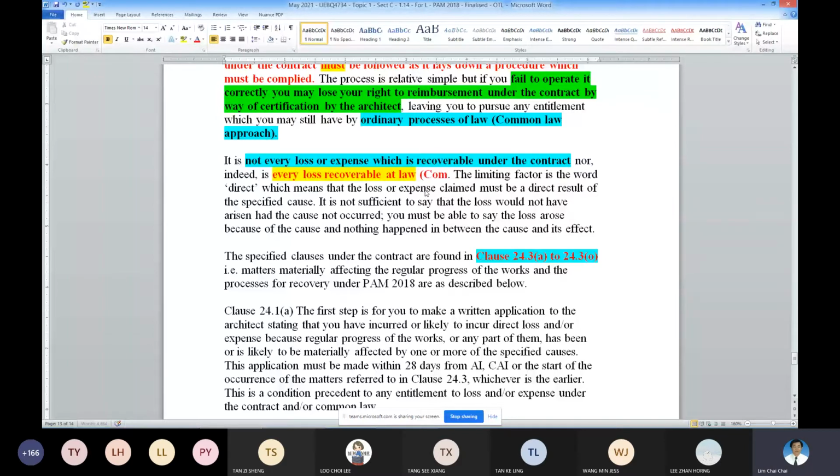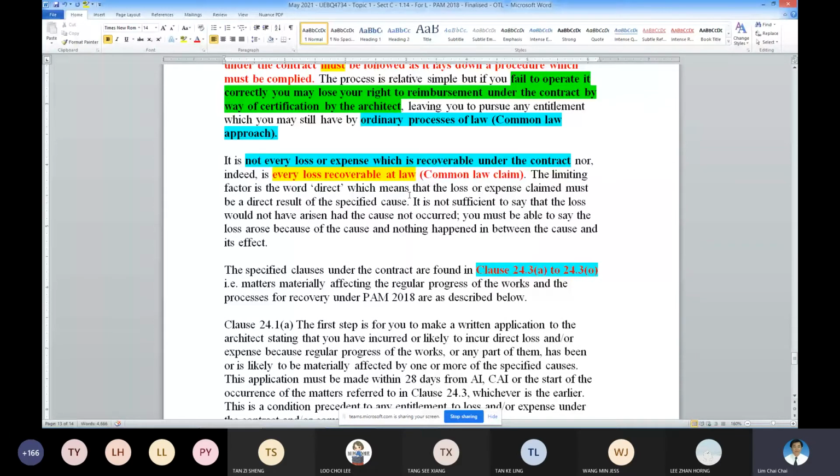So whether you are entitled to claim or not, this is a very important word at common law: it must be the direct loss. At common law, if you want to claim, you cannot claim something consequential. You must claim something for the direct loss.